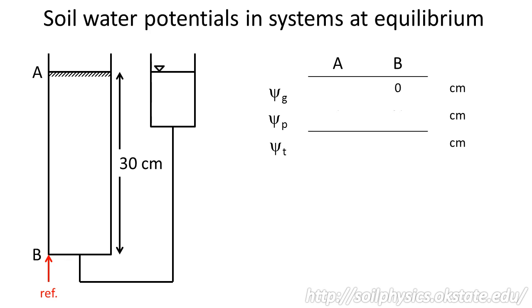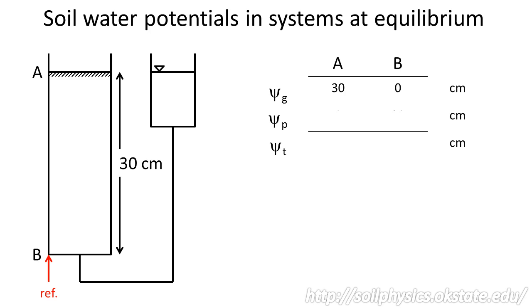If B is my reference elevation, then by definition, the gravitational potential at B is going to be 0. Point A is 30 centimeters above my reference elevation. Therefore, the gravitational potential at A will be 30 centimeters. So we can fill that in our table.